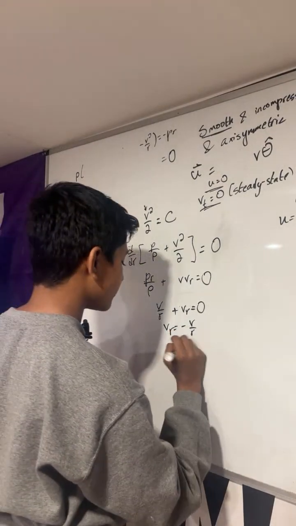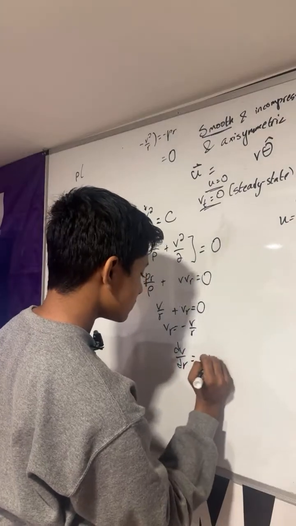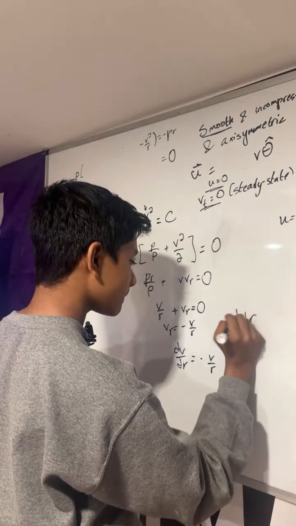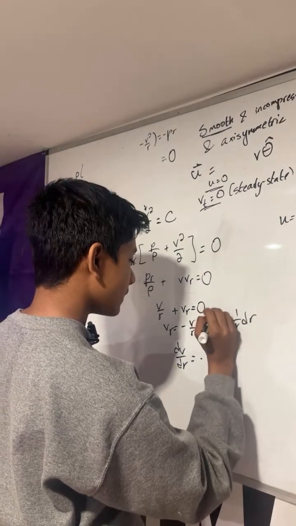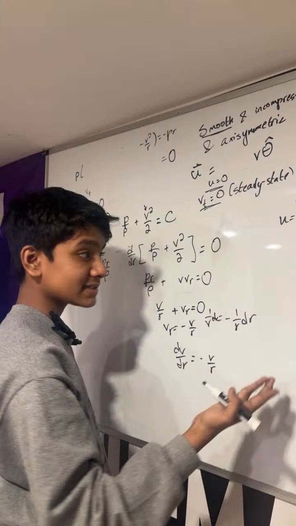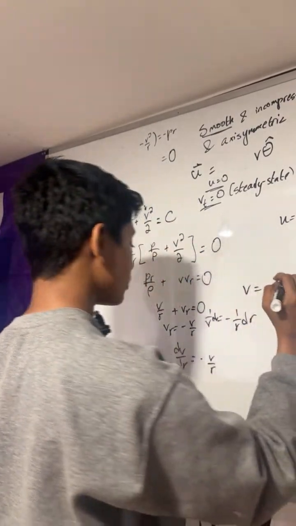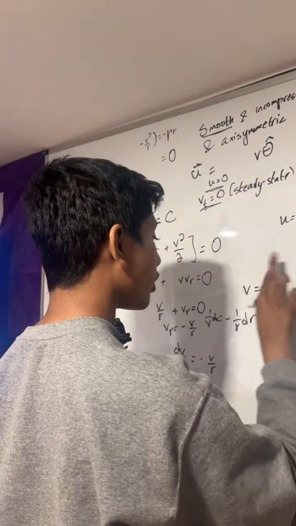Well, you use separation of variables again. Multiply this side by dr. And this is largely the exact same thing that we got last time. It's just v is equal to C over r.